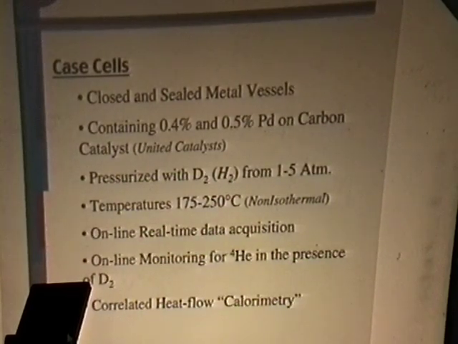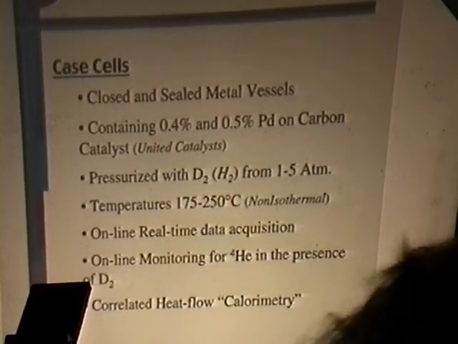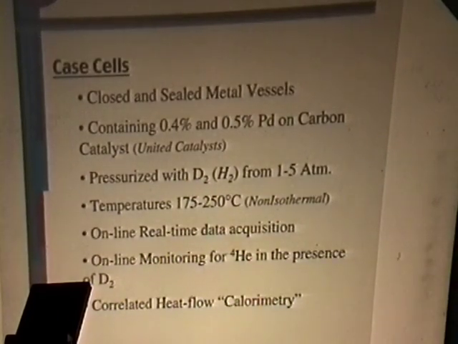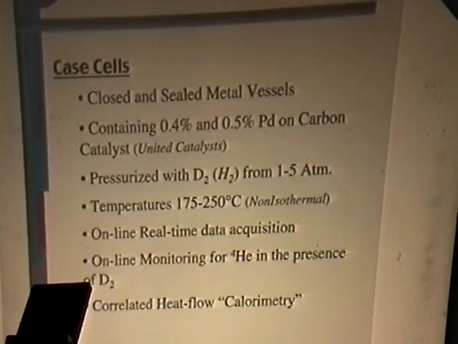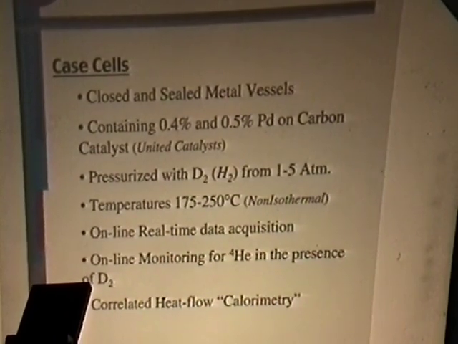We pressurized these vessels with either deuterium or hydrogen in the range of 1 to 5 atmospheres. These cells were operated at temperatures between 175 and 250 degrees C in a non-isothermal mode. We had our usual online real-time data acquisition, online monitoring for helium-4, and correlated heat flow calorimetry.